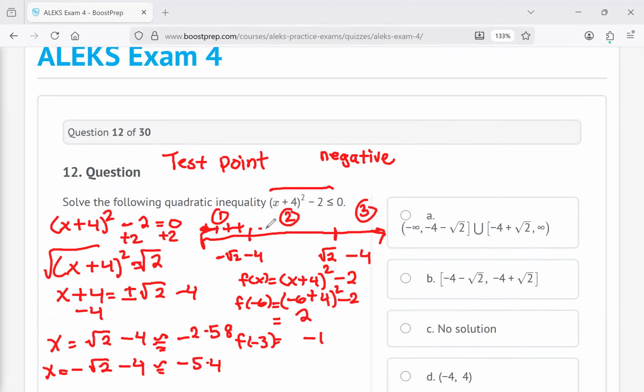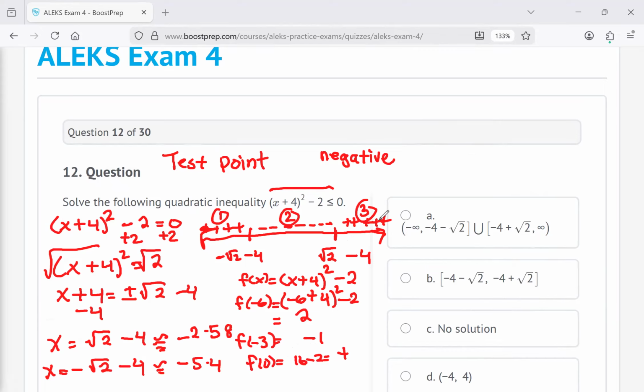I don't care about the number, I just care about the sign. Okay, region 3, I need a number larger than negative 2.5, so maybe I could do 0. When I do that, it spits out 16 minus 2, which is positive 14. So you're going to put a plus there.